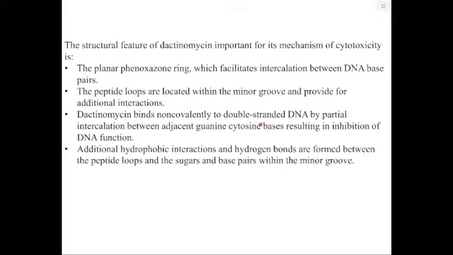Dactinomycin binds non-covalently to double-stranded DNA by partial intercalation between adjacent guanine-cytosine bases, resulting in inhibition of the DNA. Again, the same thing. Guanine and cytosine are the bases that pair up. So it will come in, and it will form all those bonds that help in its being fitted very tightly.